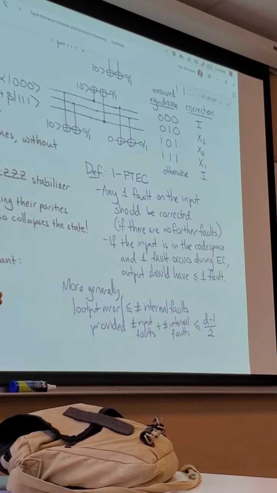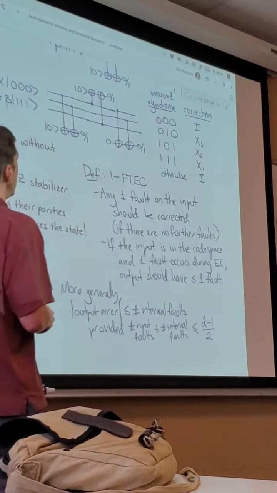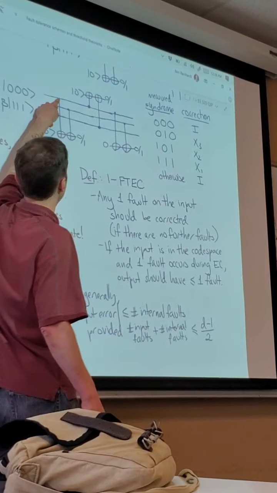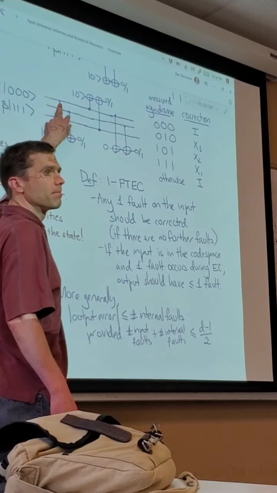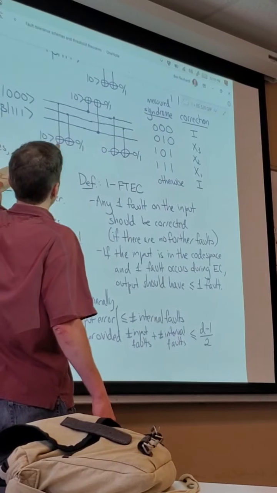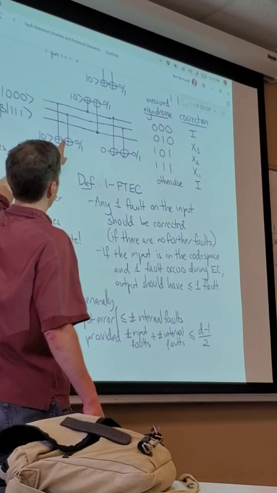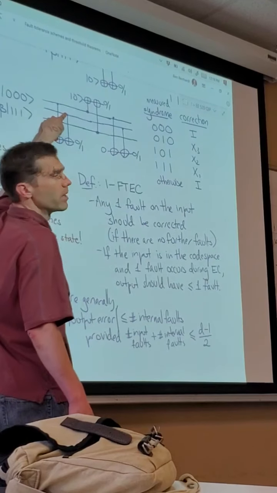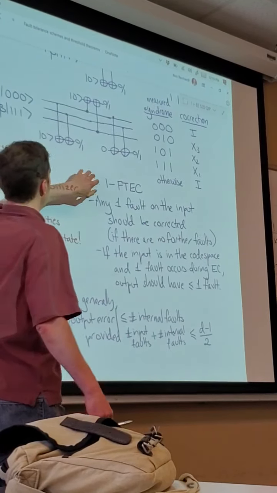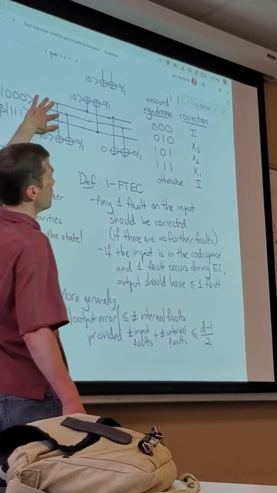The second thing, which you don't see in this example, is that I'm just measuring parities of 2 qubits at a time. That's nice, because it meant that a Z error here could spread to at most 1 Z error on the data. But it wouldn't work if I were trying to measure the parity of more qubits at a time.